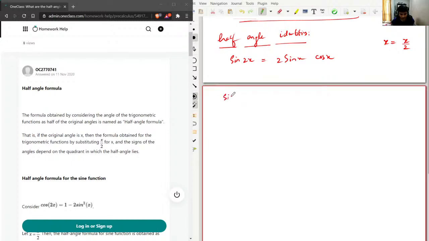So this will become sine 2 times x over 2 equals 2 sine x over 2 cosine x over 2, and this and this can get cancelled, and this will become sine x equals 2 sine x over 2 cosine x over 2.